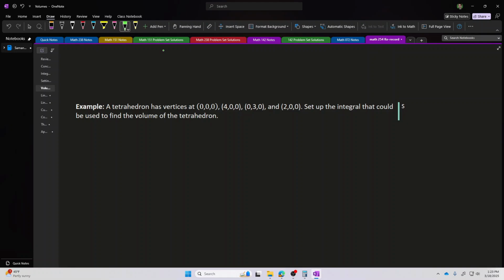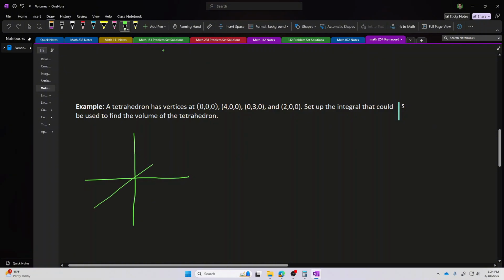Now, at first, this question might seem a little bit strange compared to the one before, because they're not asking us to find the volume underneath a certain surface. At least it doesn't seem at the beginning like they're asking us for something like that. However, let's go ahead and draw the region in question. We have a vertex here at 0, 0, 0.